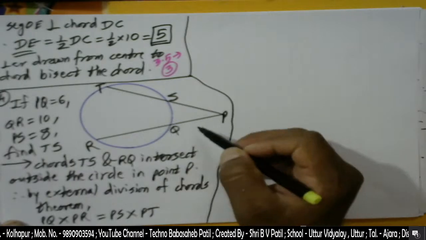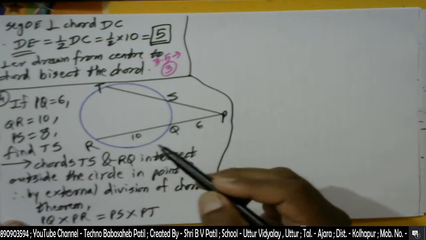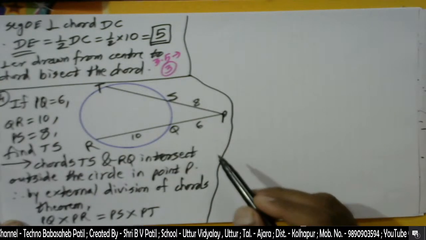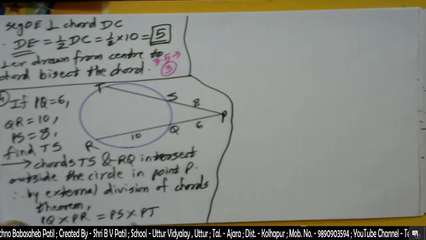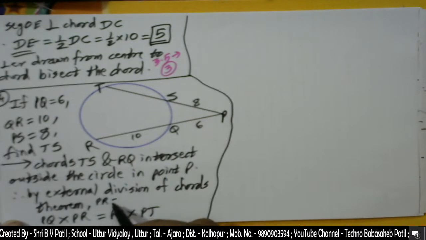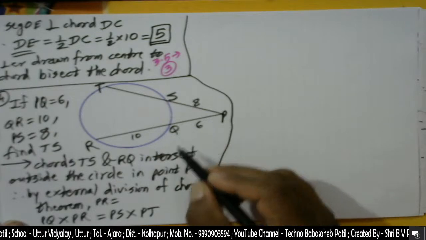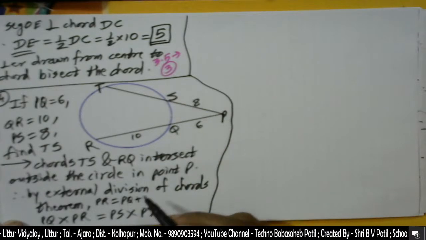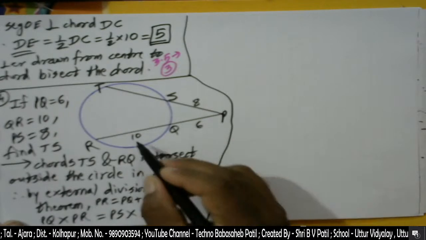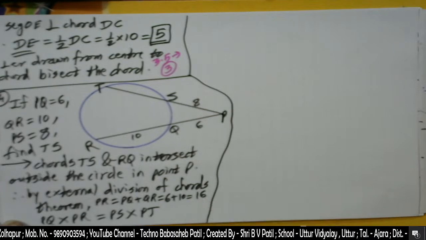Here PQ is 6, QR is 10, PS is 8, and PR we want. PR is equal to the addition of two parts: first PQ plus second QR, means 6 plus 10, and we get 16.